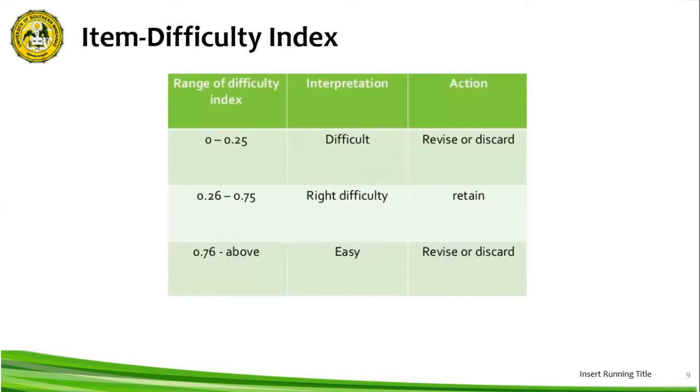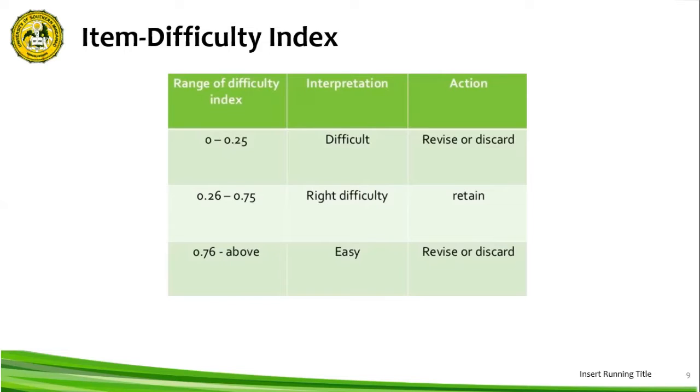Depending on the result of item difficulty for every item in a test, actions must be done, especially if the difficulty index ranges from 0 to 0.25, which means that it is very difficult and needs revision or the item should be disregarded.